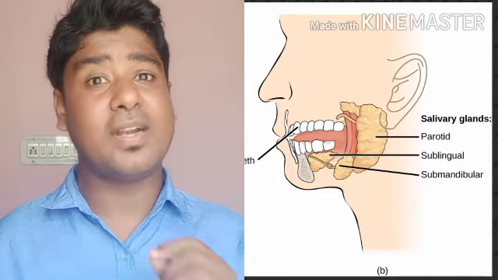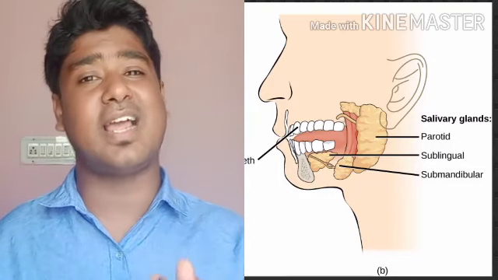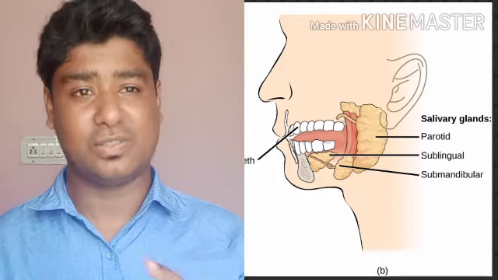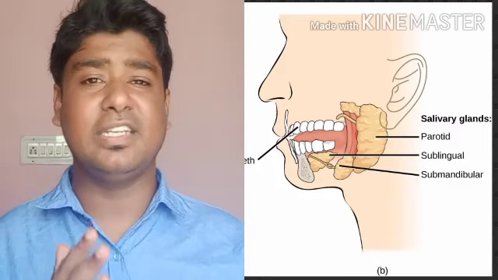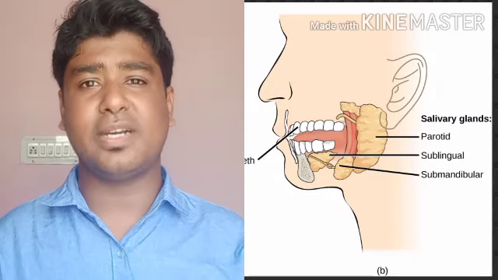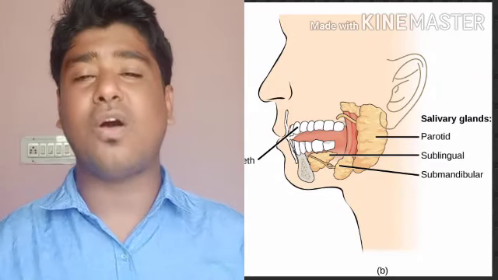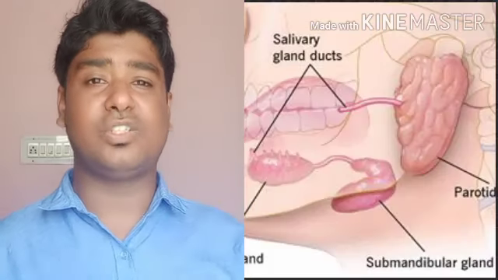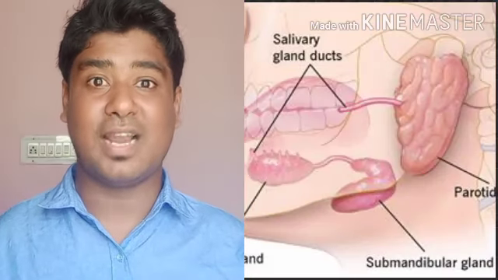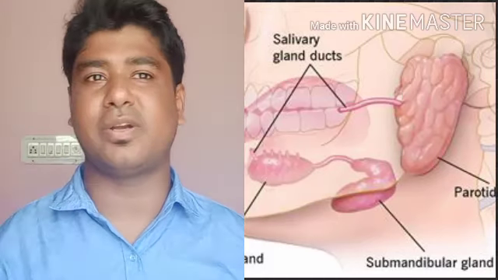Then what does the tongue do? The tongue helps in mixing the saliva with the food particles. While chewing, the teeth, tongue and saliva all work together so that the particle size gets reduced. Along with that, salivary juice contains an enzyme called salivary amylase. So what is the function of salivary amylase? That is an important point.